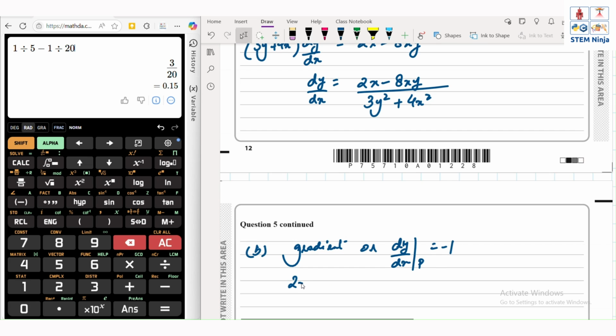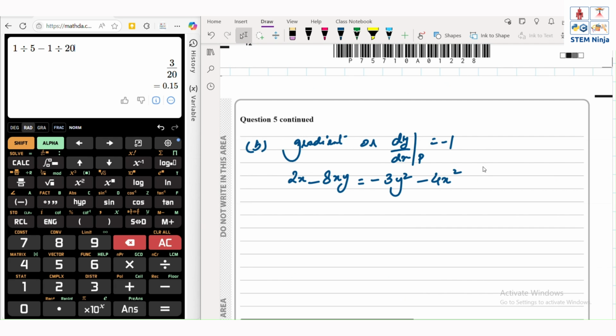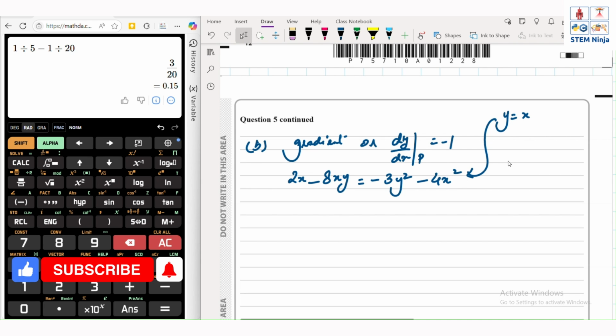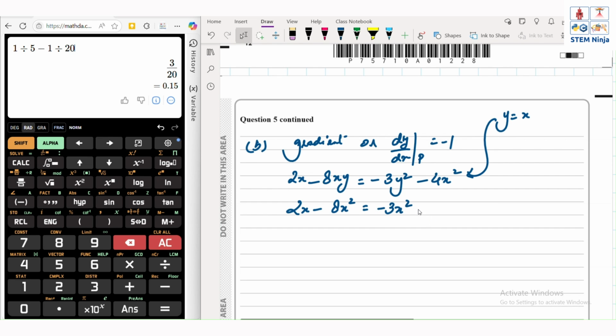So therefore, we have 2x minus 8xy equals minus 3y squared minus 4x squared. We also know that y is equal to x on this line. So this is what we're looking for. We can substitute this over here. So 2x minus 8x squared because y is equal to x, and this can become 3x squared, and this can remain 4x squared.